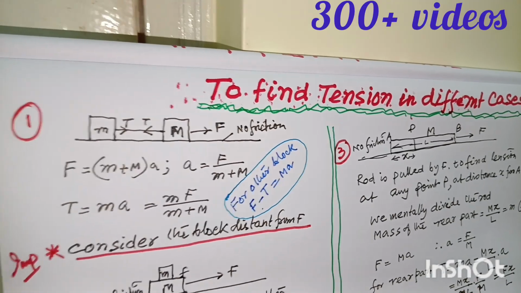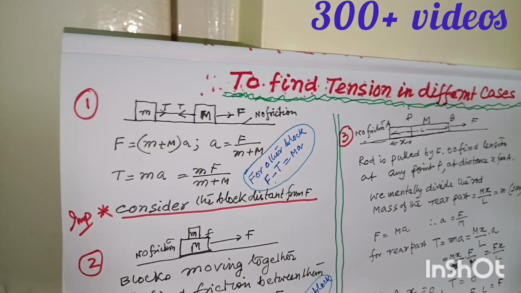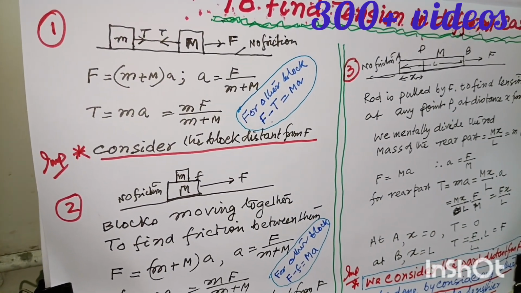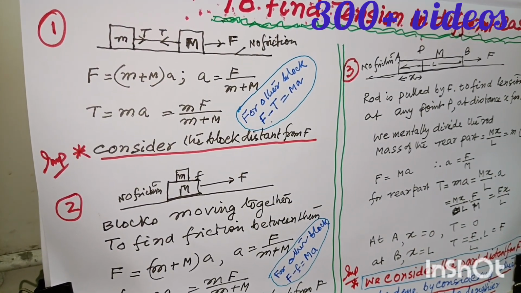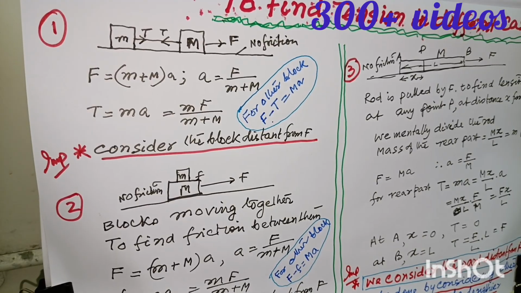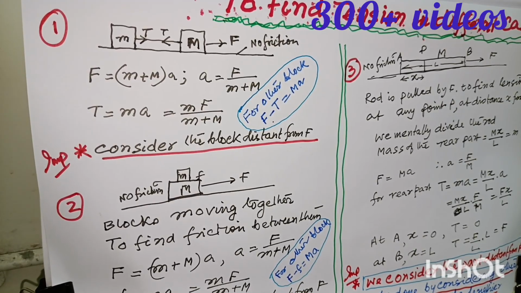The same thing happens in another example. Two blocks, small m is lying on capital M, and by one force applied on capital M, they are moving together on a frictionless surface.